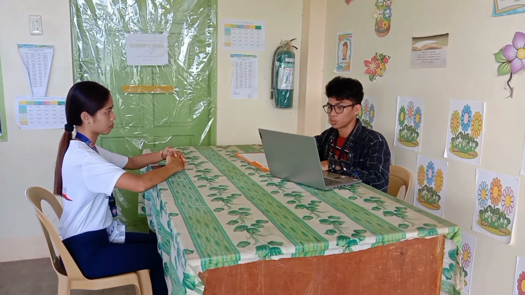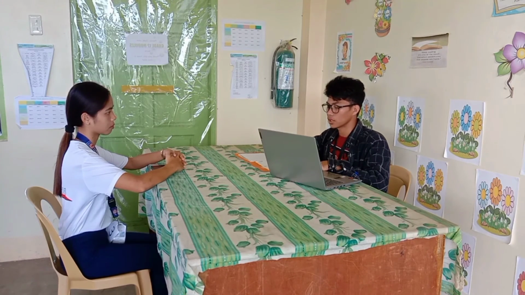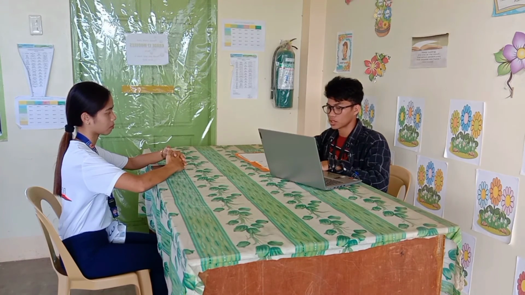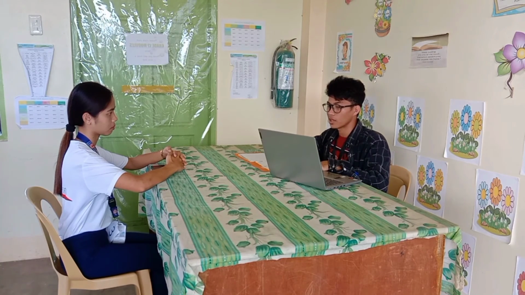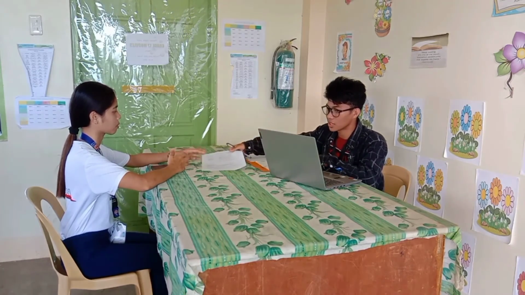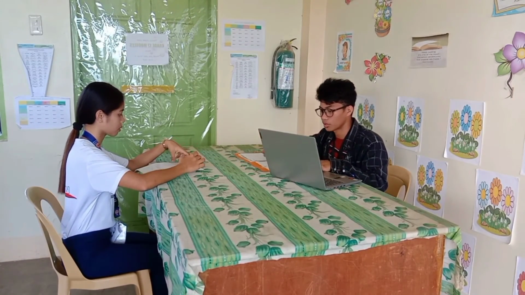Ms. Damot, if you have doubts regarding the assessment results, you have the right to appeal. You can submit your appeal to the TESDA provincial office, where the assessment center and assessor are accredited. Would you please sign the competency assessment results summary?